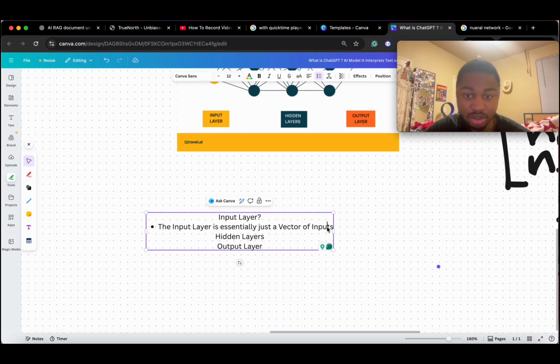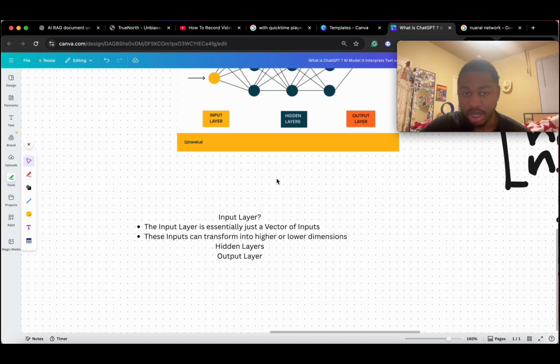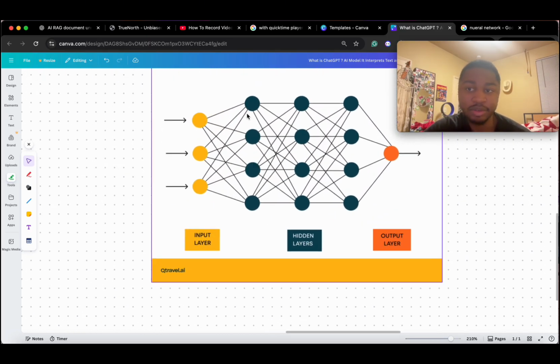It's a layer of input vectors, and these inputs can transform into higher or lower dimensions. It's just relative to whichever architecture you pick.